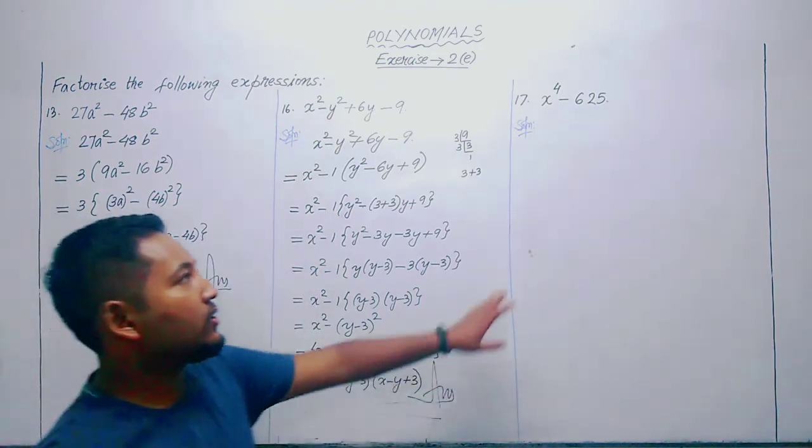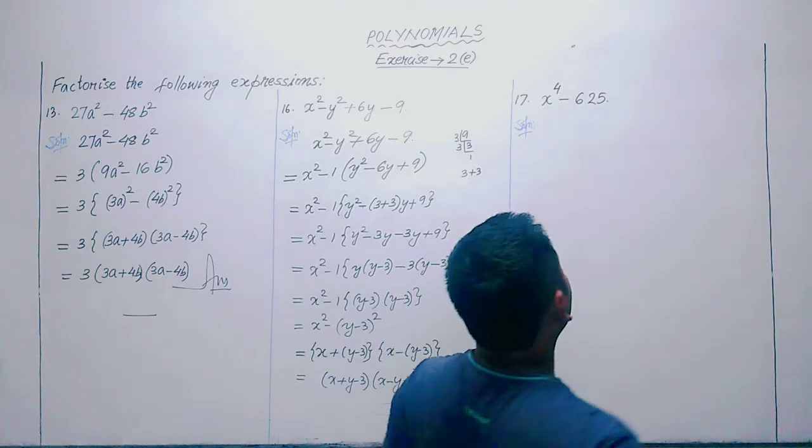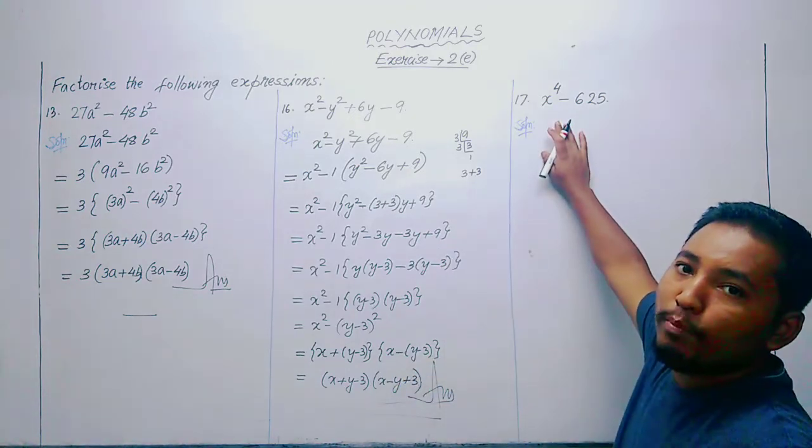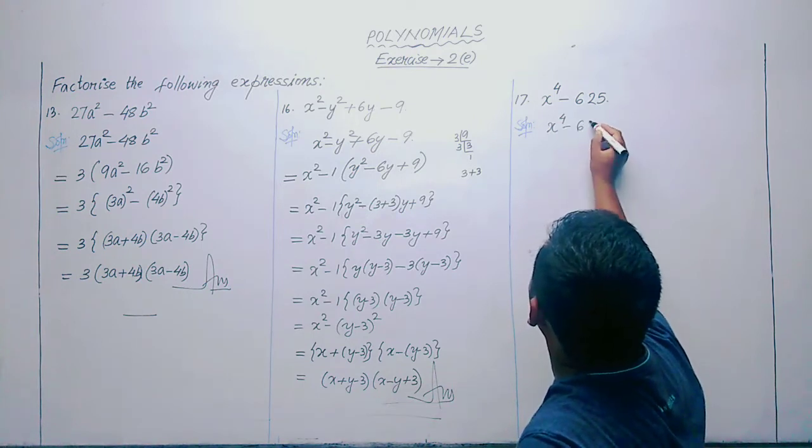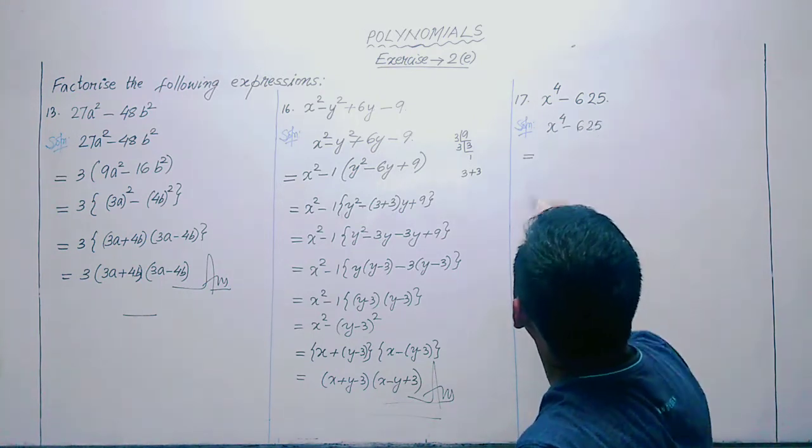Now let us go for the last question of this exercise. It says x to the power 4 minus 625. Now this one I have to convert again. Now see.